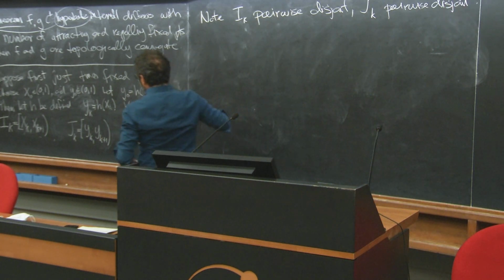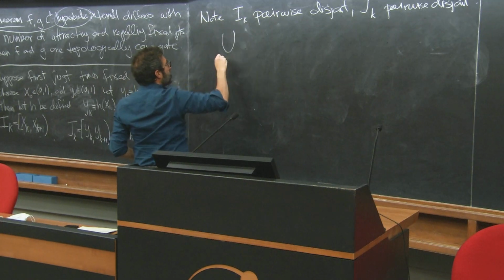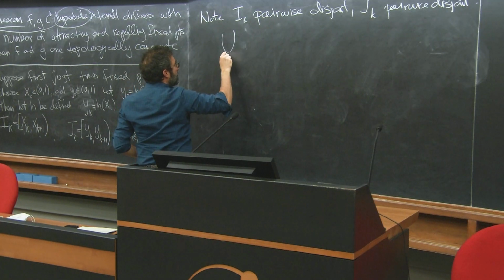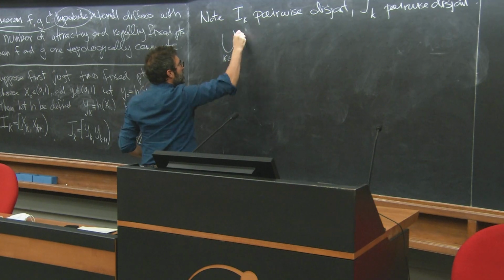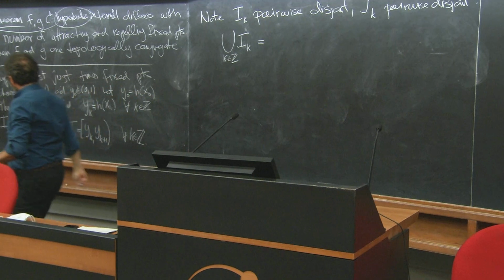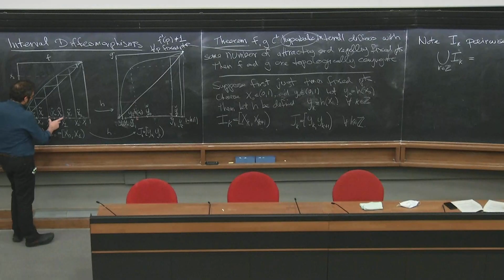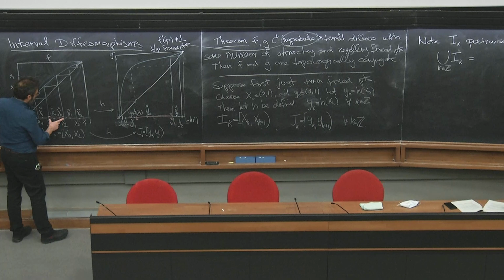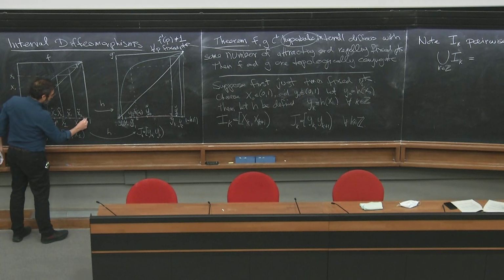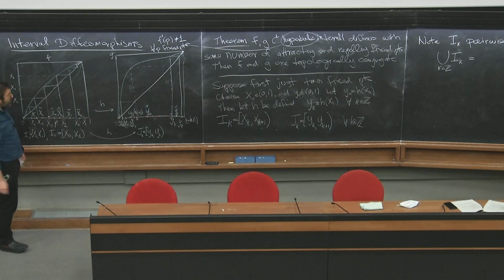And the union over k in Z of the Ik's contains everything except the endpoints, because this is really a sequence of intervals getting closer and closer to 1, and this is a sequence of intervals getting closer and closer to 0.